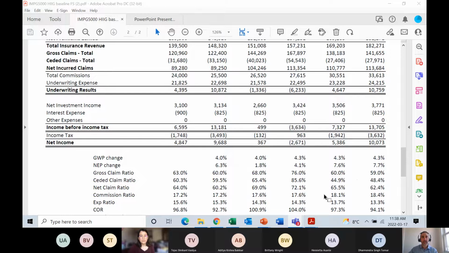I think that was a good discussion. We could carry it on the next time we have a class as well, and I'll share with you the next view of this spreadsheet that has more details again on premium development and drilling down on the claim reserve.